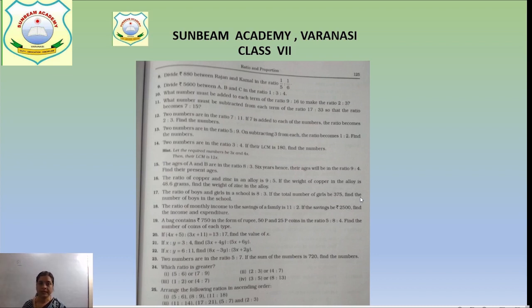Now, if 7 is added to each of the numbers, the ratio becomes 2:3. We will add 7 with 7 and also with 11. Then we will get new numbers whose ratio will be 2:3. Clear? So let's start the question.